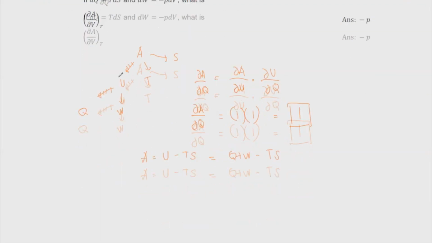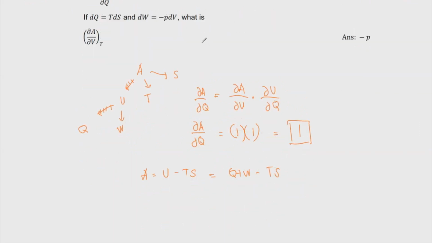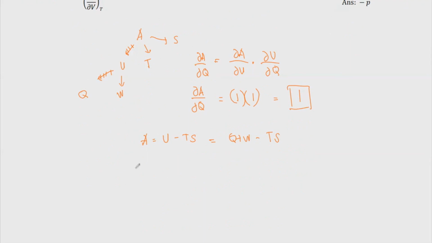So with this, if we take the total differential of A, dA is equal to dQ plus dW minus TdS plus S dT. Okay, so dA is equal to dQ plus dW minus TdS minus S dT.